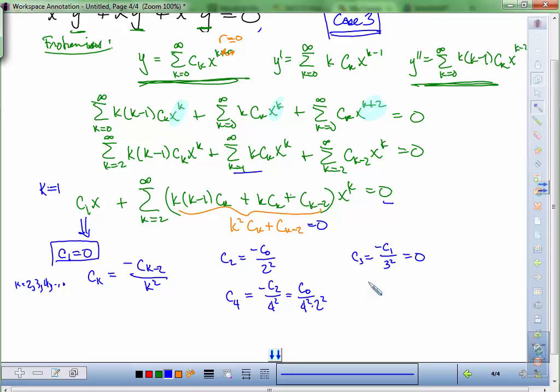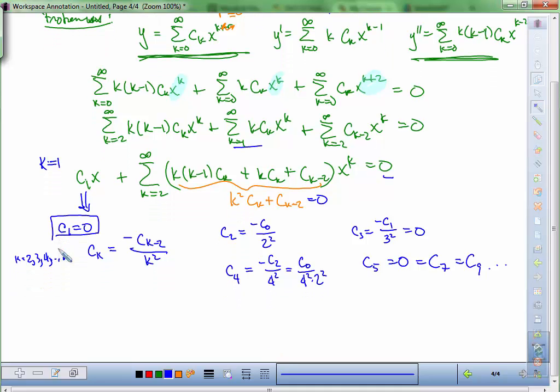And C5 is what? 0. C7 is what? C9. So all the odd C's are gone because of C1. And let's see if we can express this in general terms.